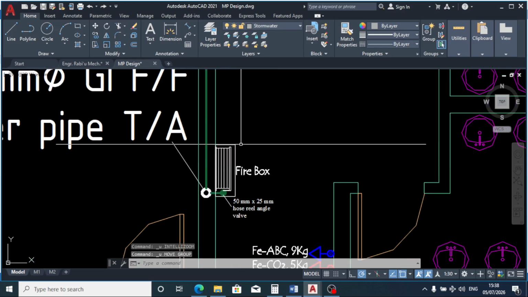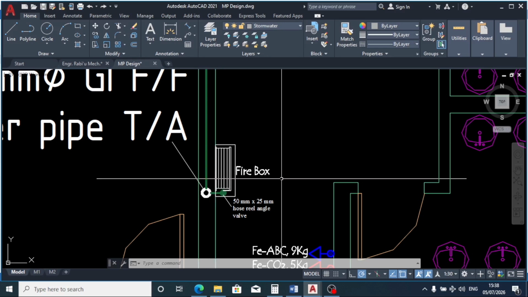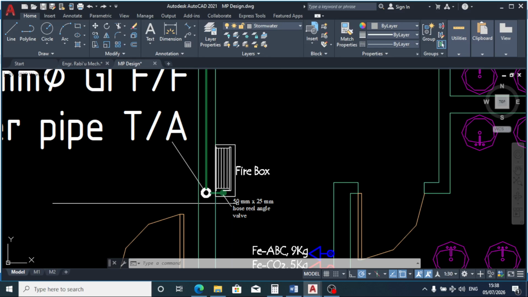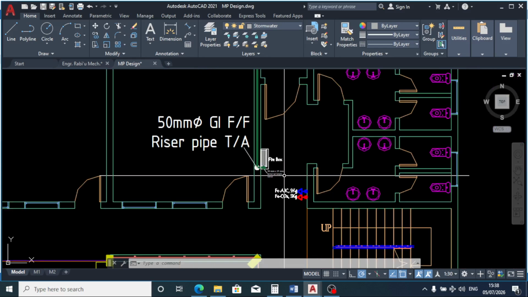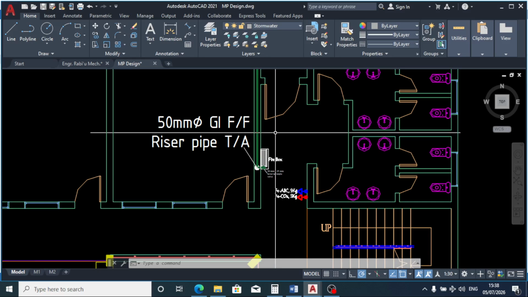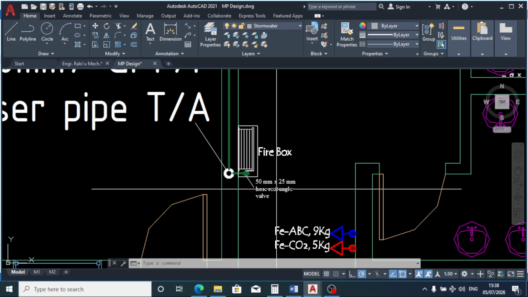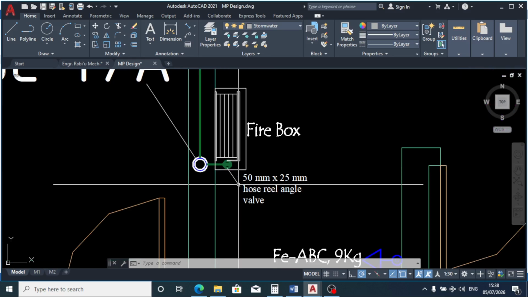But if your wall can contain this box with the fire hose reel, it will be a more beautiful layout, and there will be no obstruction, more especially for a narrow passage. So this fire hose reel will not be obstructing the passage. Why? Because it is flush in the wall. So that's that. If you wish, you can hide it in the wall, or you can leave it out depending on the passage.